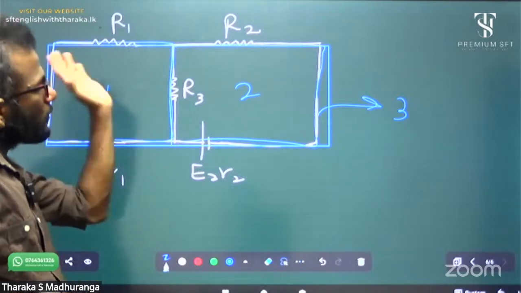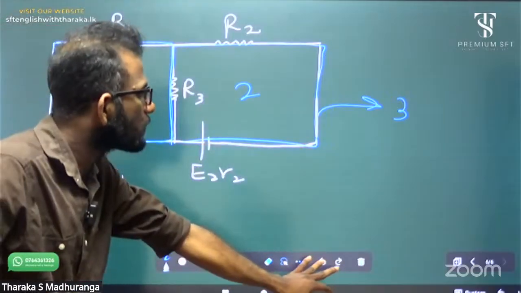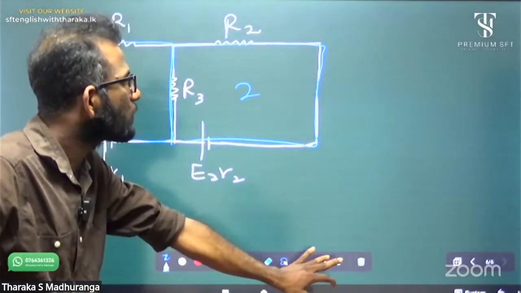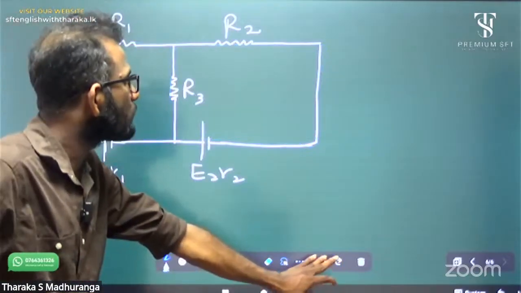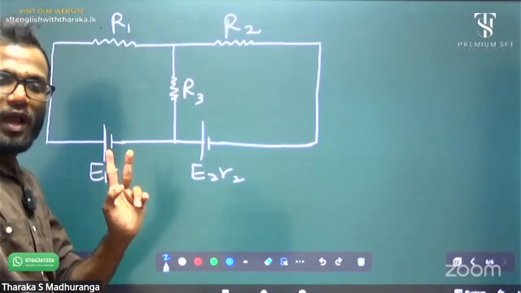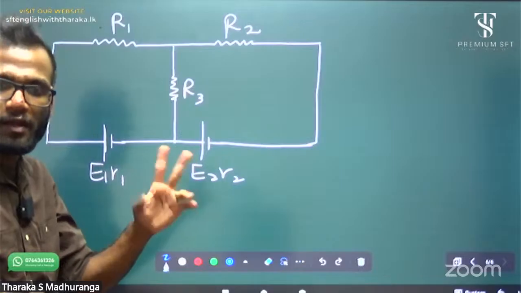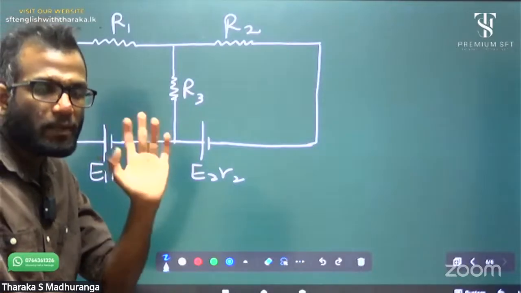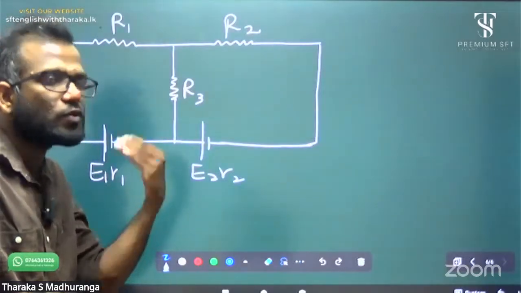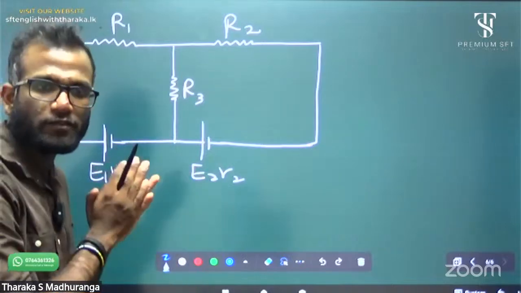Remember, when a single circuit has more than one loop, you have to apply Kirchhoff's law at least 2 times. For 2 closed loops, you have to apply Kirchhoff's second law.